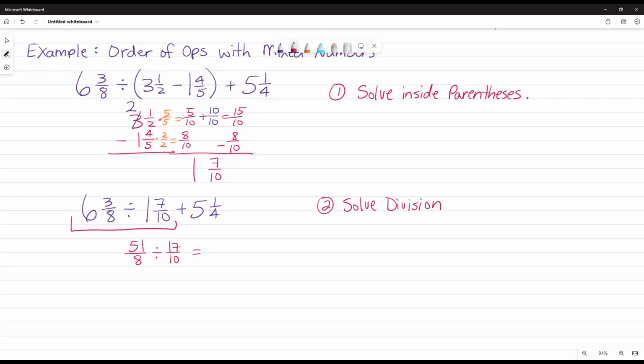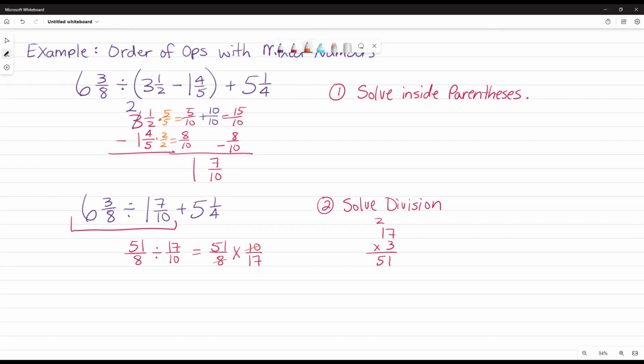All right, so 51 over 8 stays the same. What do I have to do? Change it to multiplication, and I multiply times the reciprocal. I bet 17 goes into 51. What's 17 times 3? It ends in 1, and if I carry my 2, 21, that becomes a 5. Yep. So we can reduce.